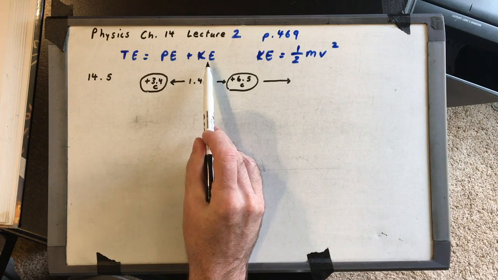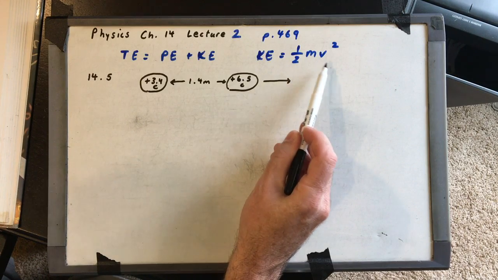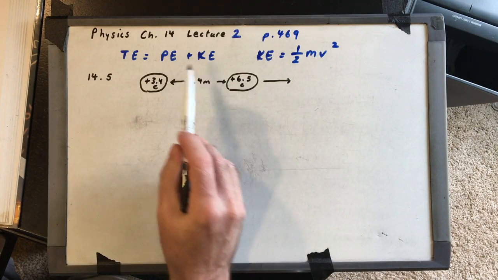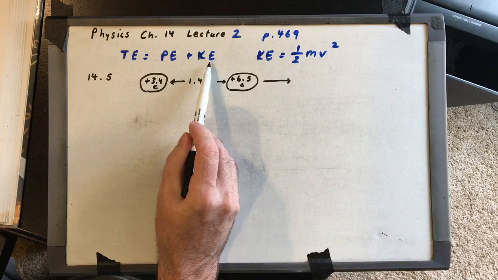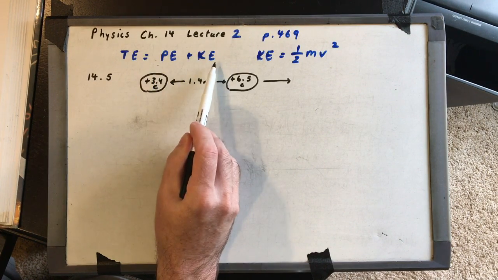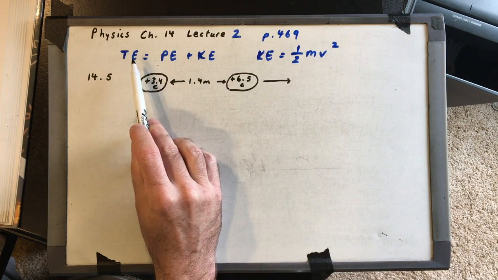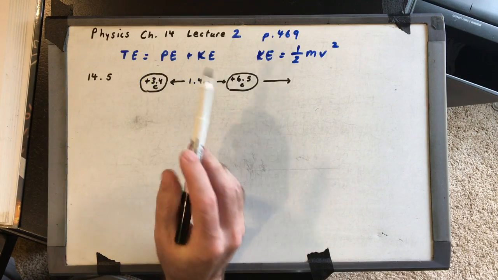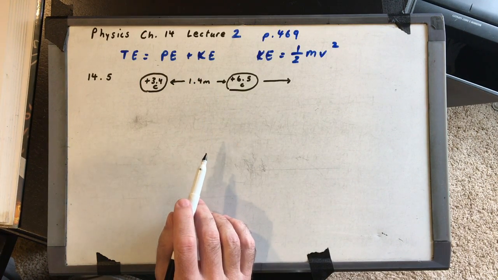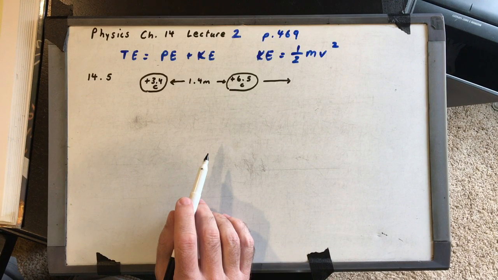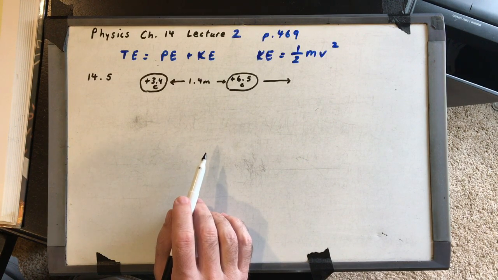Kinetic energy uses the same equation it did all the way back in Chapter 8, 1/2 mv squared. So if potential energy goes down, kinetic energy must go up, and vice versa, to maintain energy conservation.